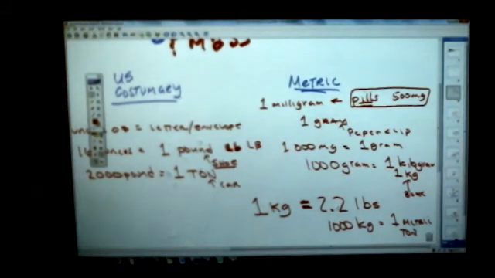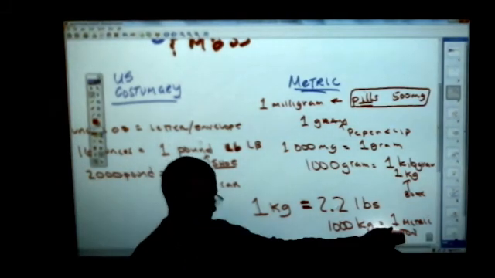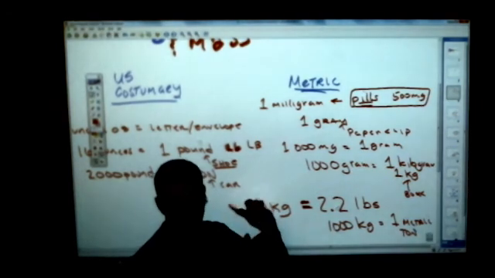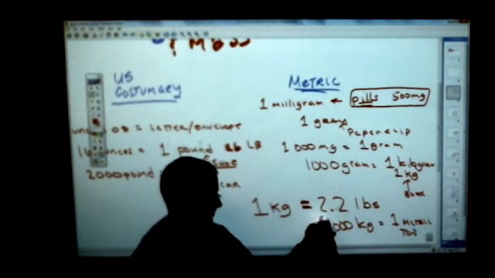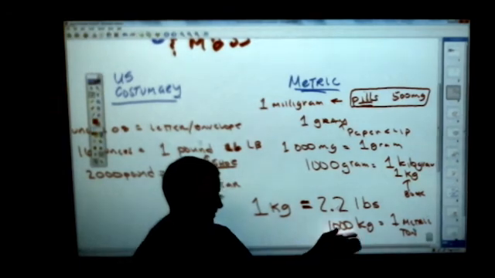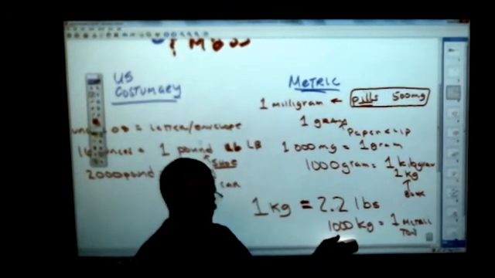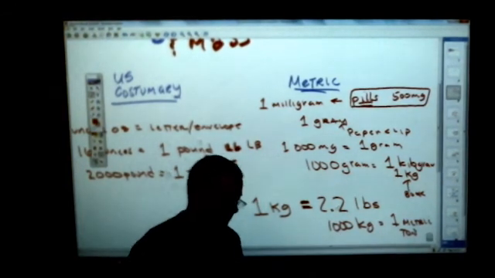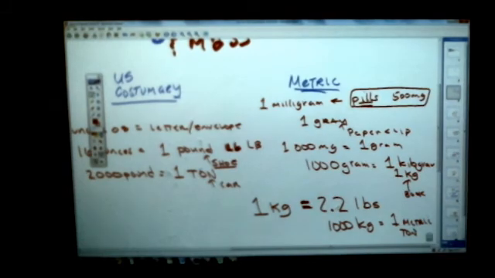How close is a metric ton to a normal ton? Well, you should be able to do the math. If 1 kilogram is 2.2 pounds, 1,000 kilograms would be 2,200 pounds. So they're in the same ballpark. They're not super close, but they're not real far away.